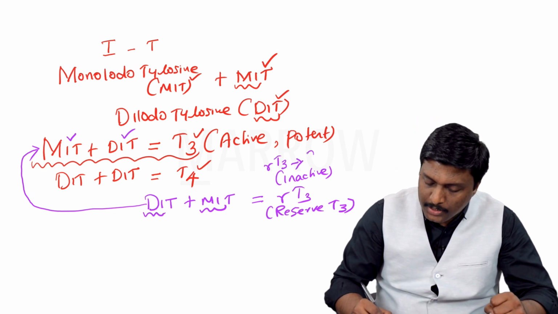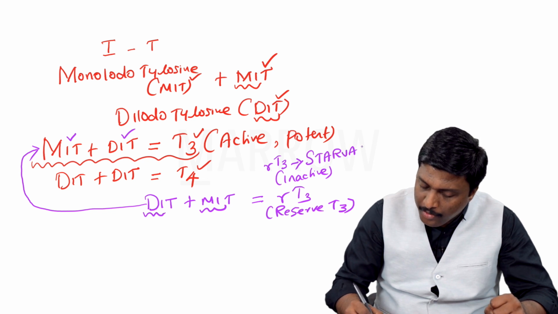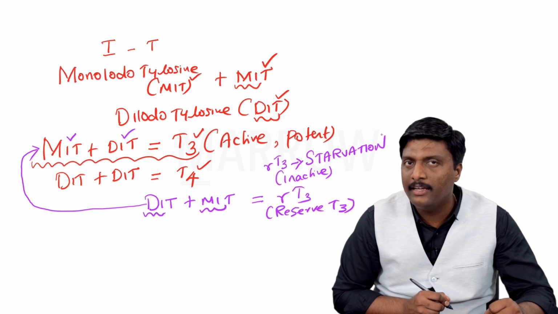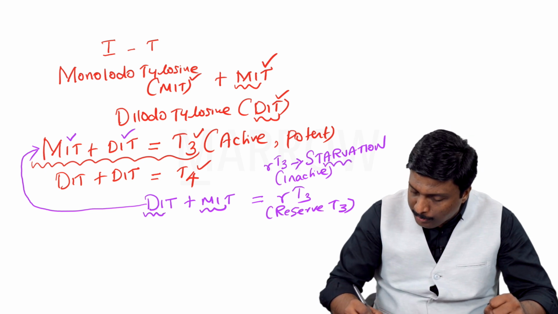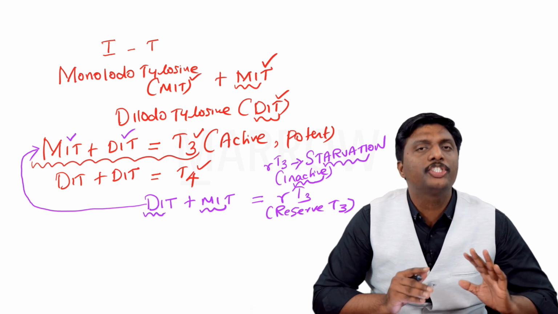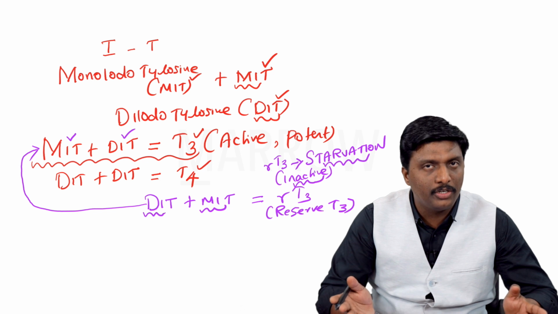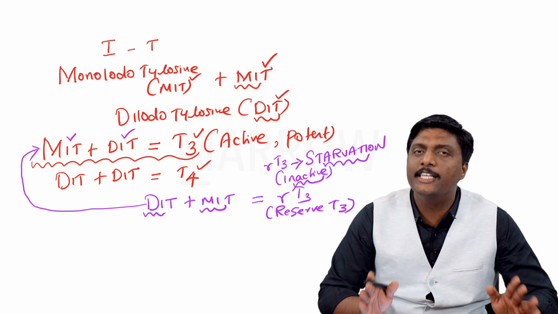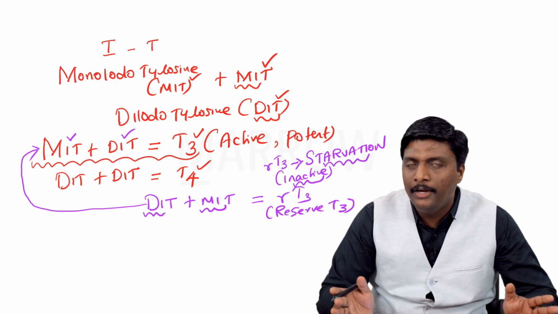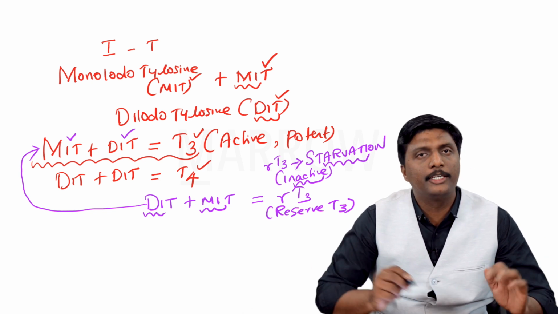Recent AIIMS exam MCQ: any individual who is undergoing starvation, that is the most important state where the body predominantly produces the inactive form of thyroid hormone, reverse T3. Reverse T3 is higher during starvation. During normal states, it is always the normal T3. To form reverse T3, you combine DIT first with MIT, that's all.